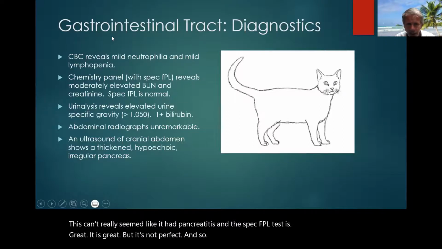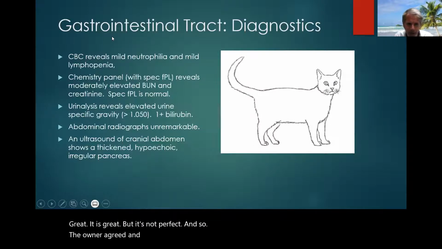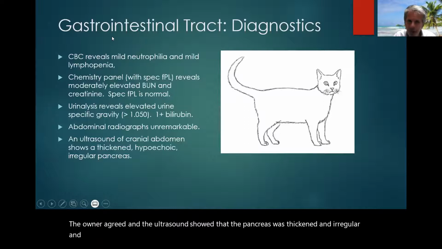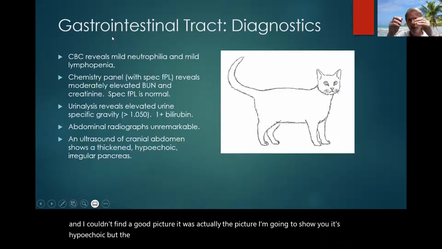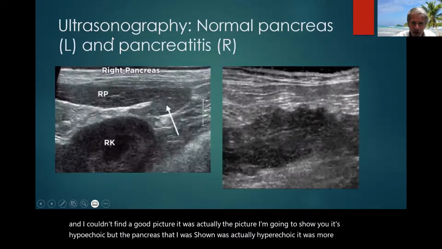The owner agreed, and the ultrasound showed that the pancreas was thickened and irregular. I couldn't find a good picture of it; the pancreas I was shown was actually hyperechoic, more dense than the surrounding tissue.